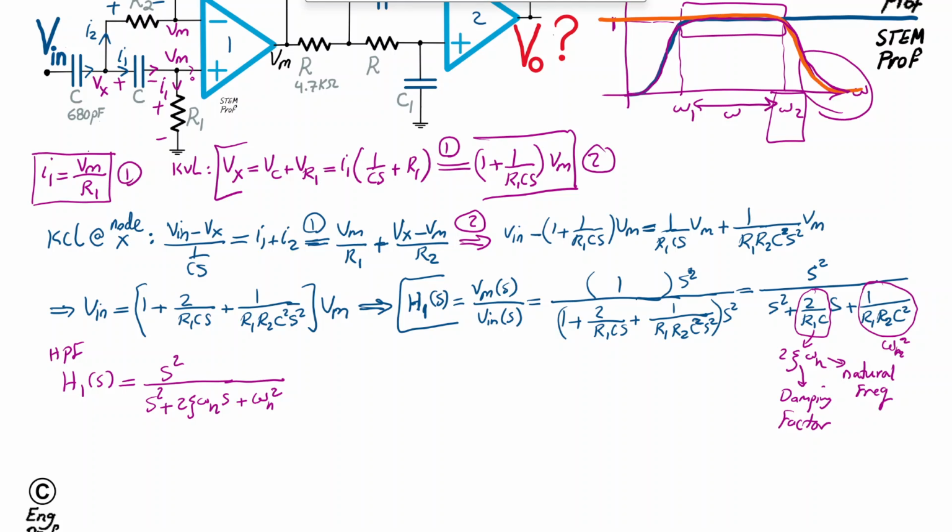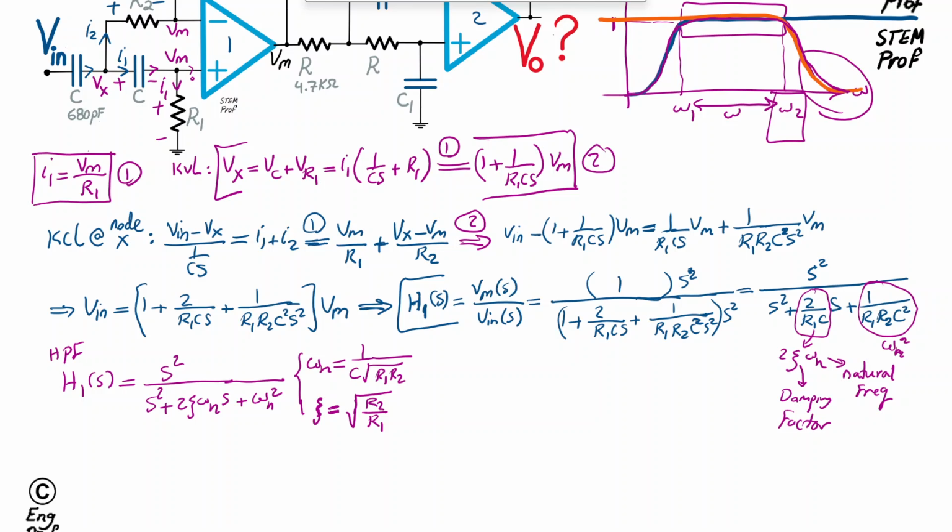Okay, in which omega n squared is this one, so omega n is 1 over C square root of R1 R2, and if I just substitute that here, knowing that 2 times zeta omega n is this value, we can compute that zeta, or damping factor, is equal to square root of, so it becomes R2 over R1.